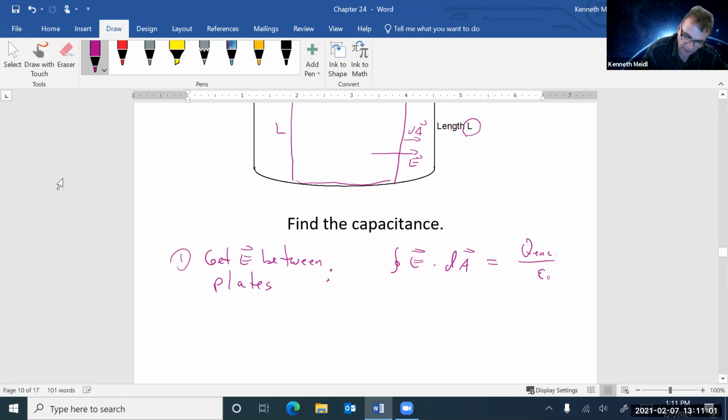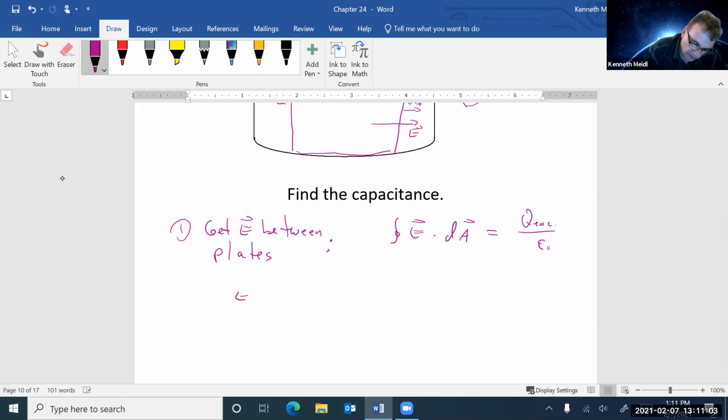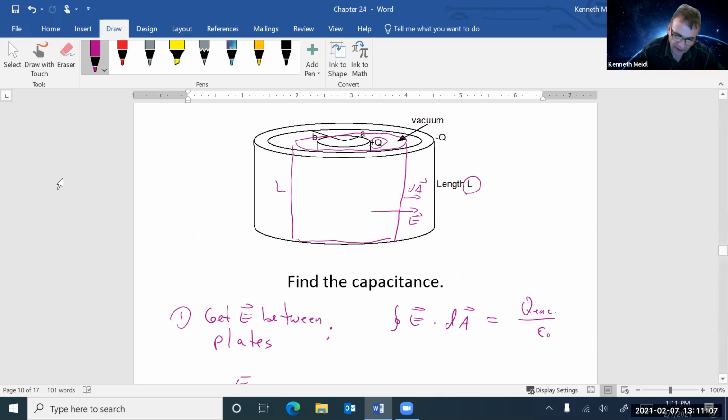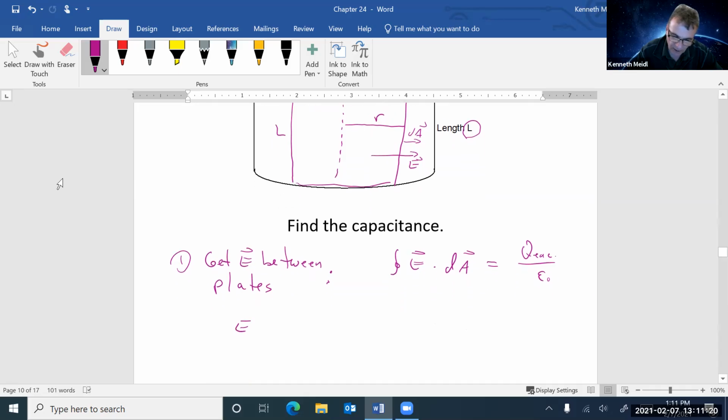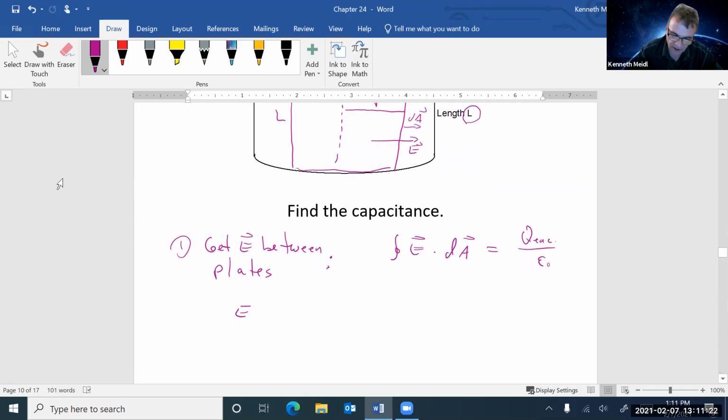And so you end up here with E, as long as you are a certain distance, right? Everything is measured from the center line. As long as you don't change your distance from that center line, let's call that R because it's like a radial distance, E is going to be a constant. And so it's really just the cylindrical part of the Gaussian here that's important.